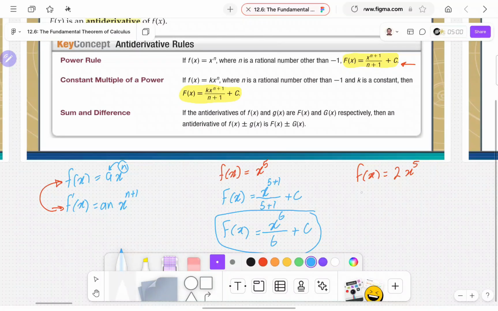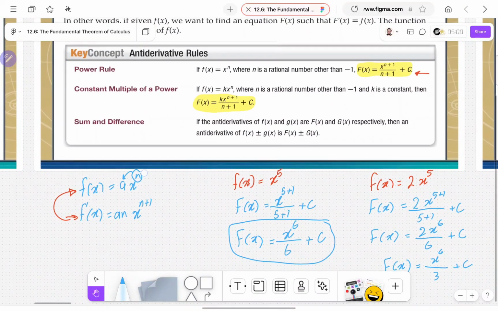Let's find the antiderivative: f of x equal 2x to the power 5 plus 1 over 5 plus 1 plus c. Now let's simplify. F of x is equal to 2x to the power of 6 over 6 plus c. Now 2 over 6 can also be simplified: 2 divided by 2 is 1, and 6 divided by 2 is 3, plus c. So this is the final answer.